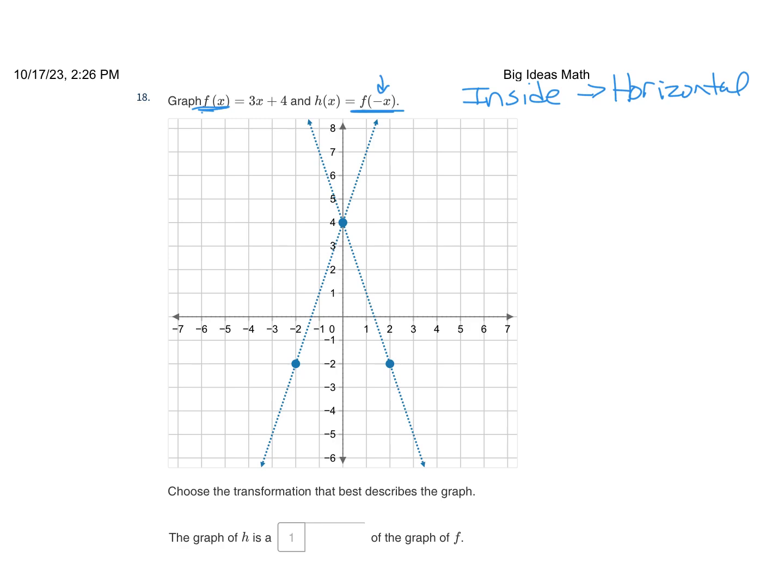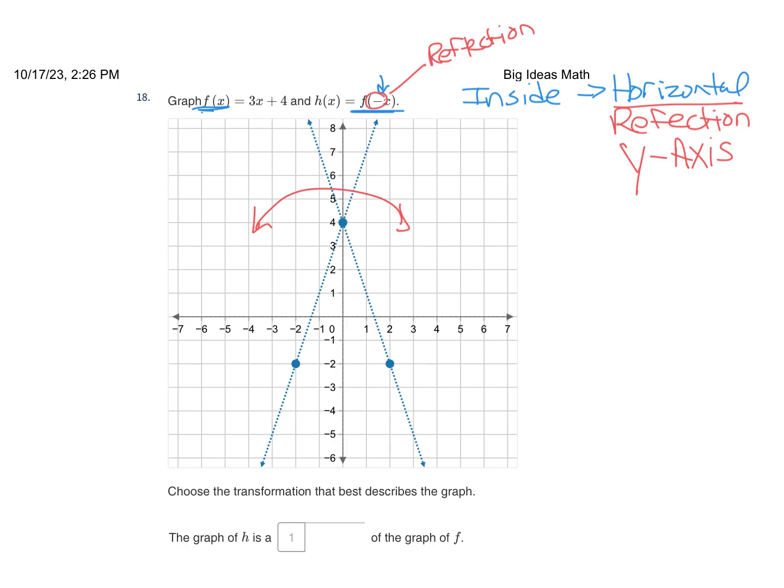And that negative means a reflection. So now, if I'm horizontal reflection, remember horizontal goes left and right, so it's crossing over the y-axis.